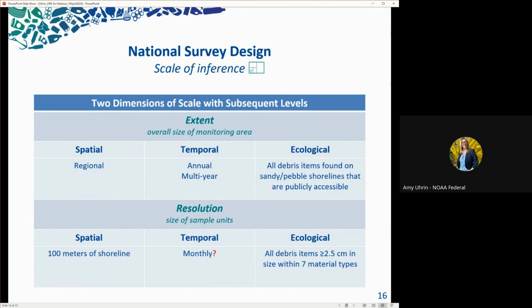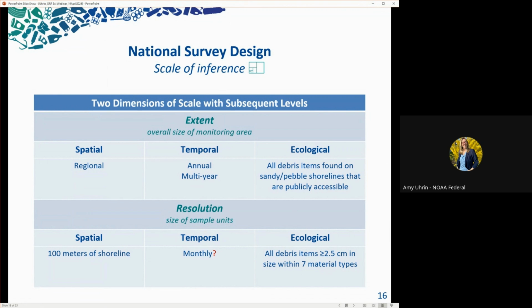And then what is our temporal extent? Well, I also just mentioned in the previous slide that we had two extents. We wanted to be able to survey for a year and get a good, solid, precise estimate of just the status of debris abundance on shorelines. But then we wanted to figure out a multi-year effort and what that might look like in terms of getting a handle on how these debris abundances are changing over time.